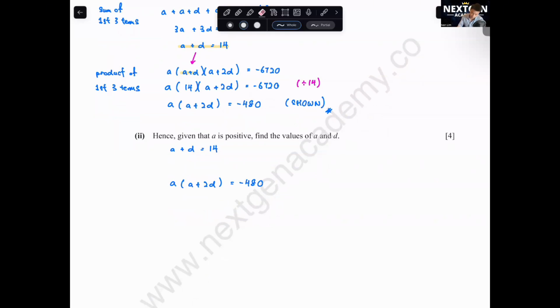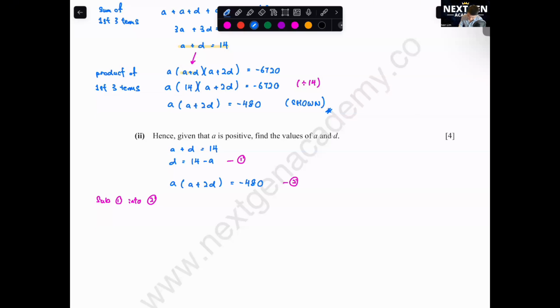Okay, first, from the first equation, I rearrange first. Let's find D. We make D the subject first. So D equals 14 minus A. Let's call this equation 1. Let's call this equation 2. I will sub 1 into 2. Okay, substitute equation 1 into 2.